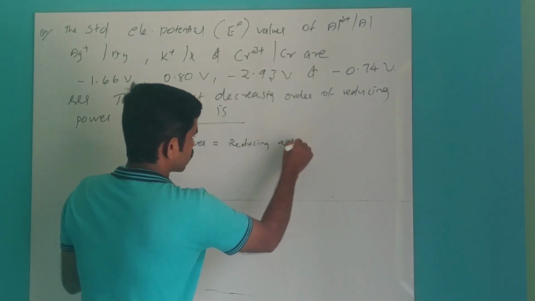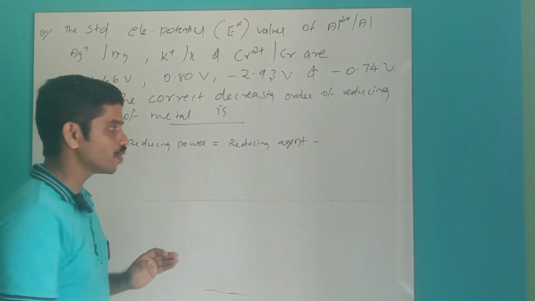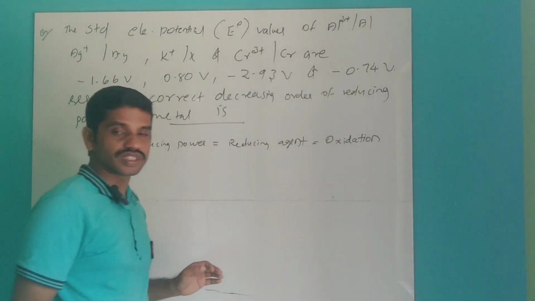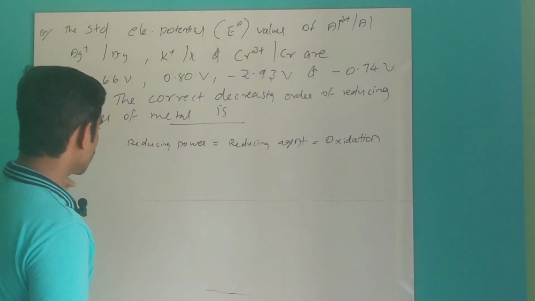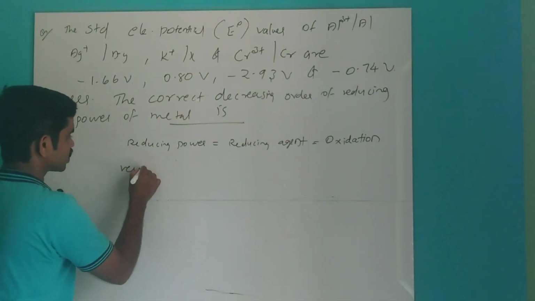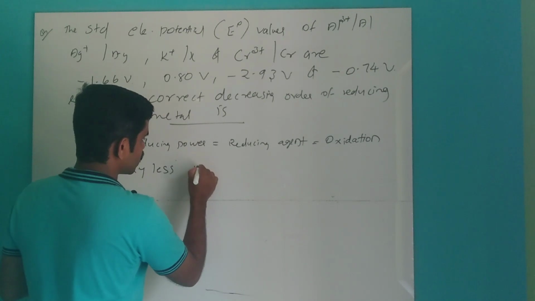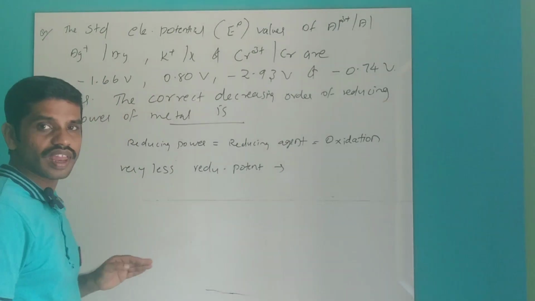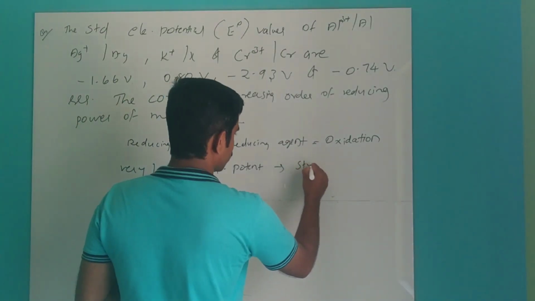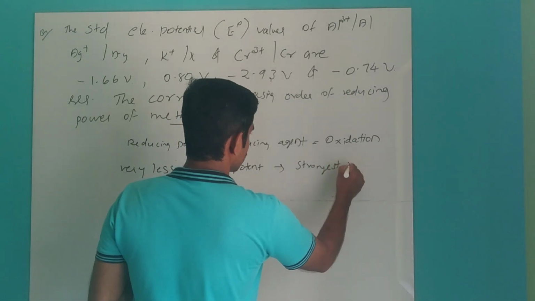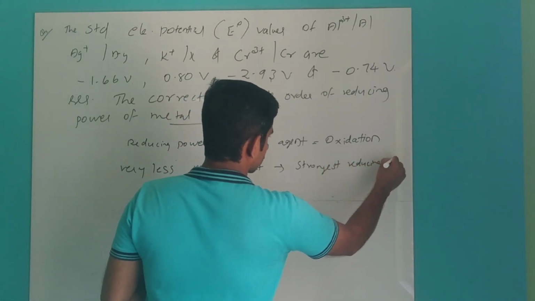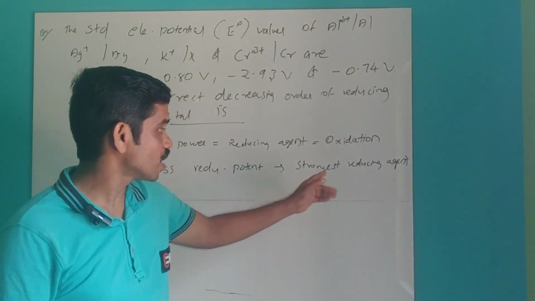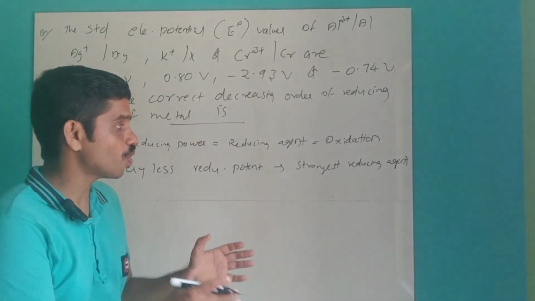Reducing agent means it will undergo oxidation. The one having very less reduction potential will act as the strongest reducing agent. So more negative, more reducing agent. Okay, so more negative, strongest reducing agent.